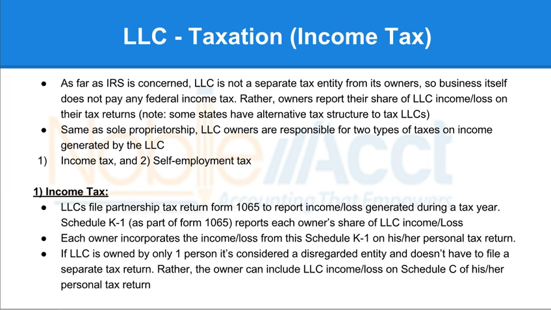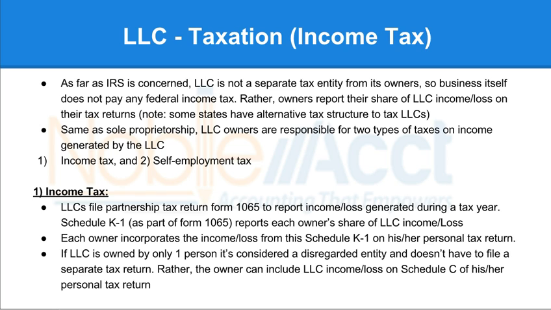Now let's take a look at the income tax first. LLCs usually file the partnership tax return, Form 1065, to report the income and loss generated during a tax year. And as part of this Form 1065, there's Schedule K-1. That Schedule K-1 reports each LLC member's share of the income or loss.